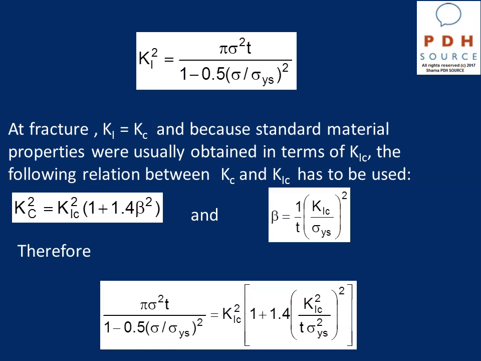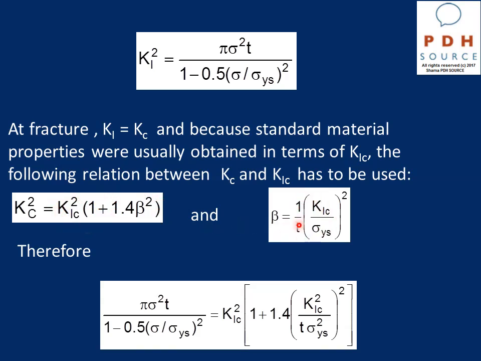And since we are dealing basically with K1C, not KC, we need to run some kind of correction, replace KC with K1C in the equation, and KC can be expressed in terms of this equation including K1C.